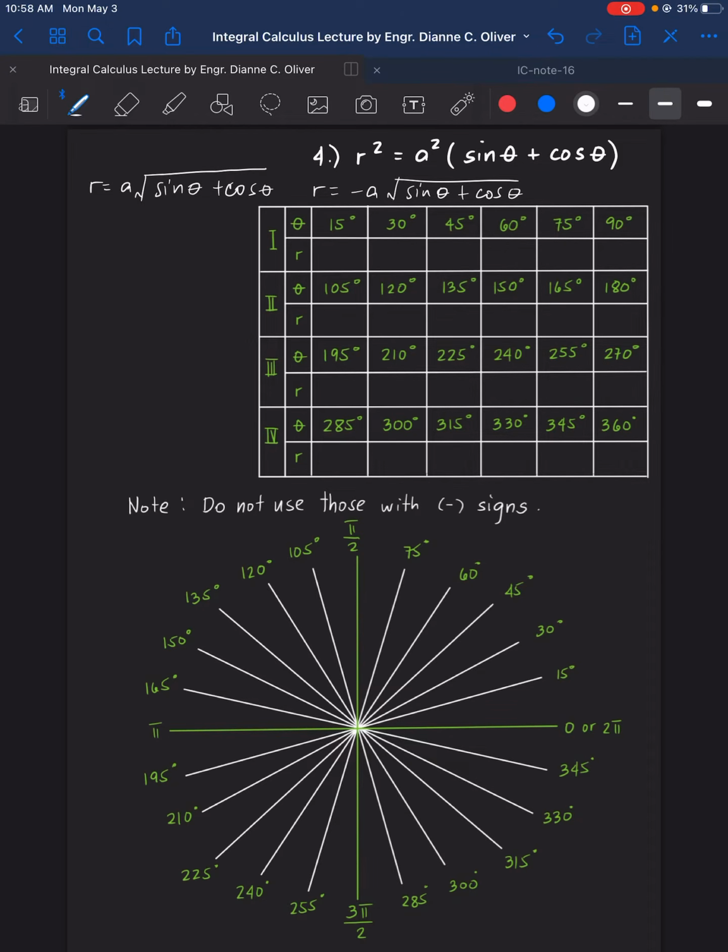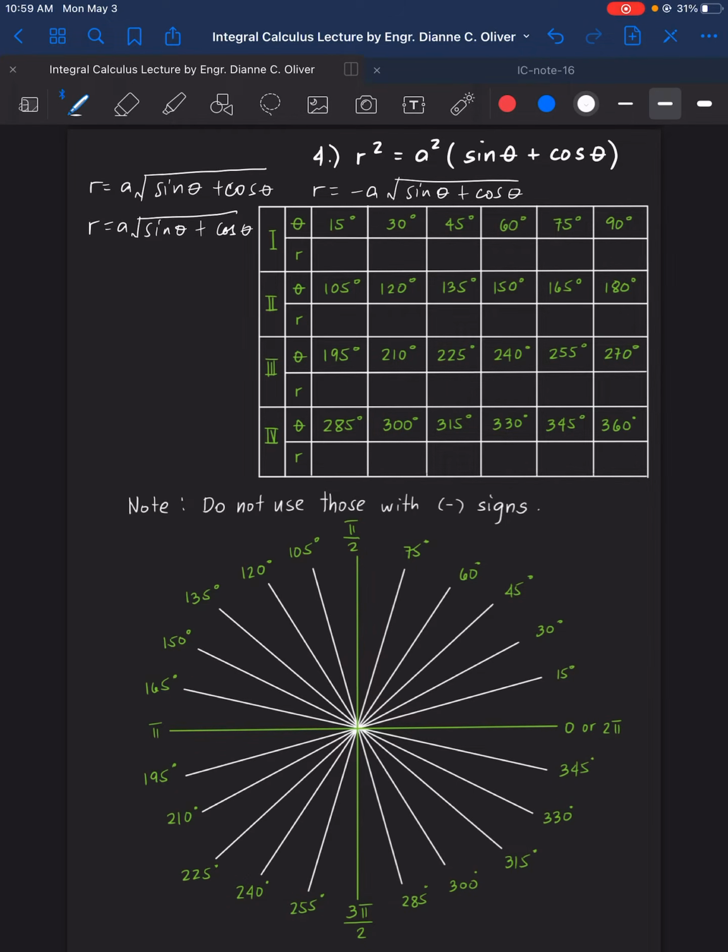But again, we will not use the negative one because in the table, it will become negative. Therefore, we will use this positive root. Now, if we are using this root, meaning there is 2r, so another r is equal to square root of sine theta plus cosine theta.